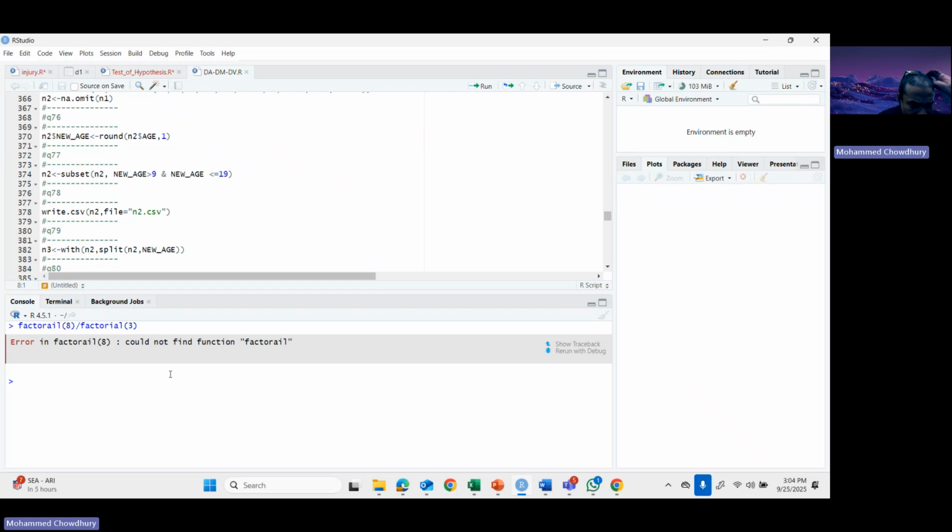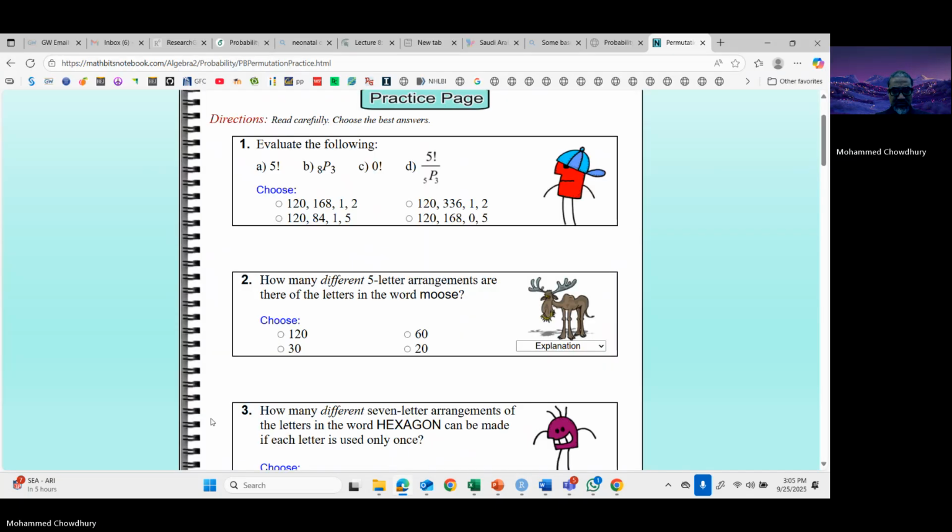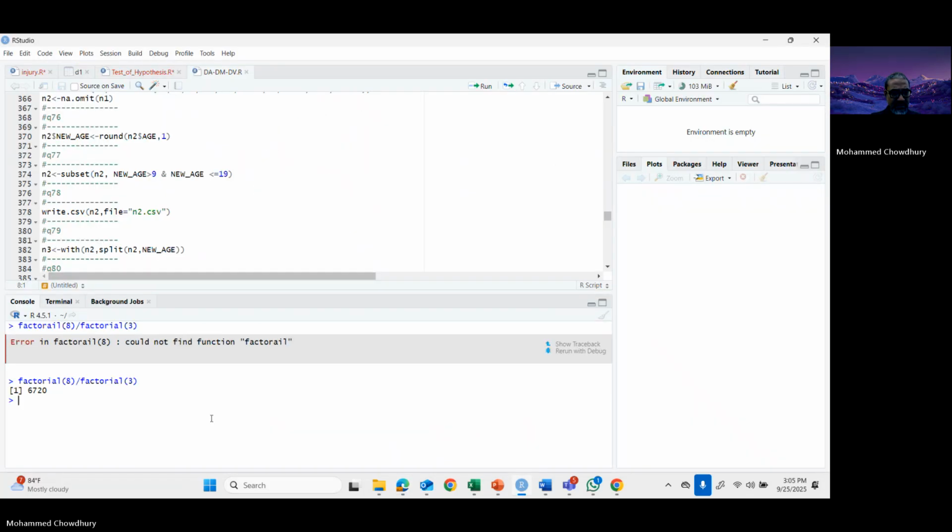Factorial, what happened? This is the answer, 6720. Factorial 3. Factorial 8 divided by factorial 5.